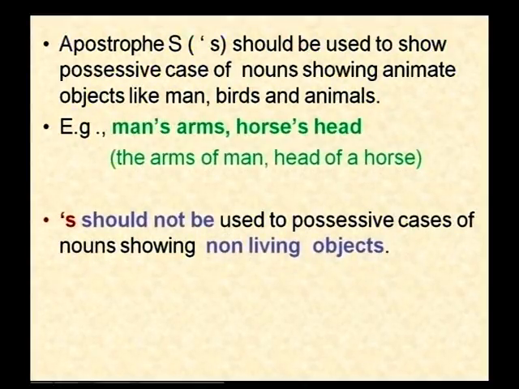The apostrophe s should not be used in possessive cases of nouns showing non-living objects. For example, a garden's fruit.